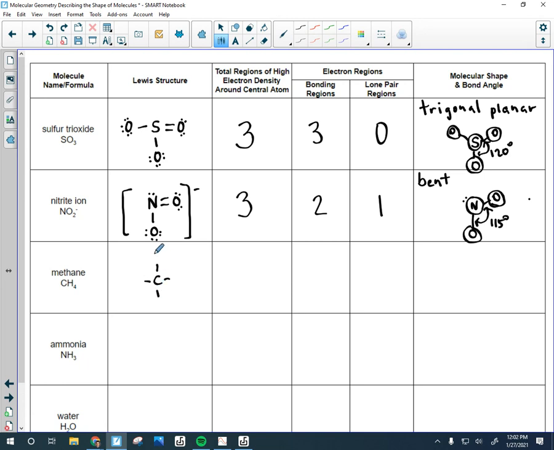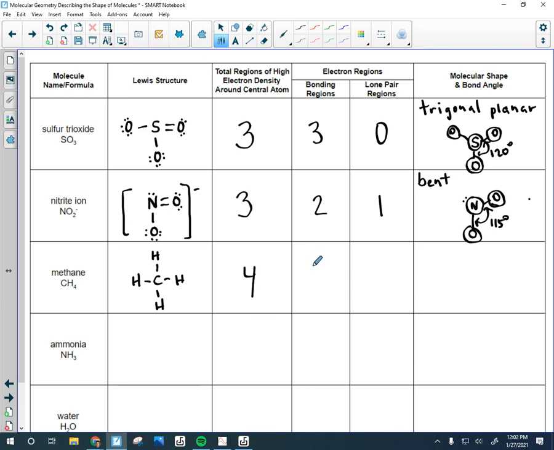or carbon tetrahydride, if you prefer the systematic name, is a carbon with single bonds to 4 different hydrogens. So again, if I focus on my central atom, I actually have 4 regions of electron density here.